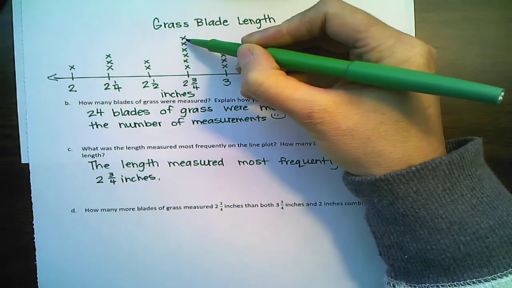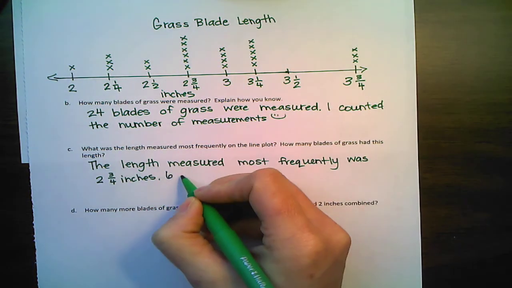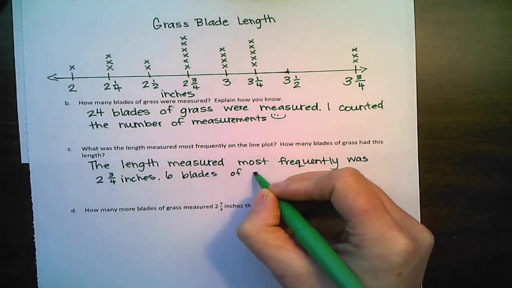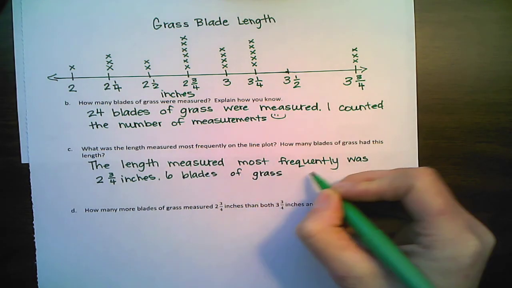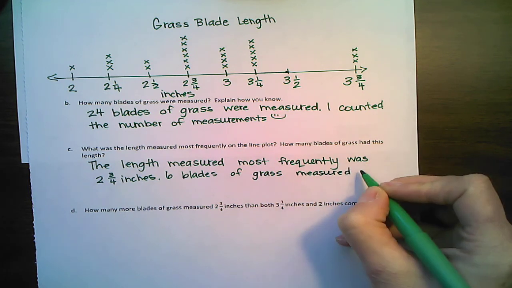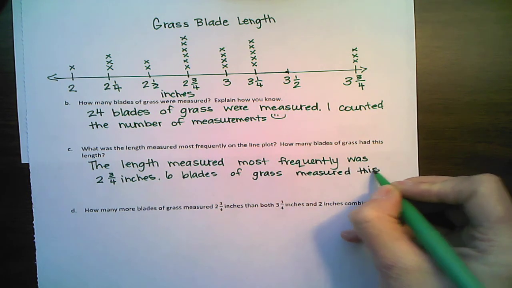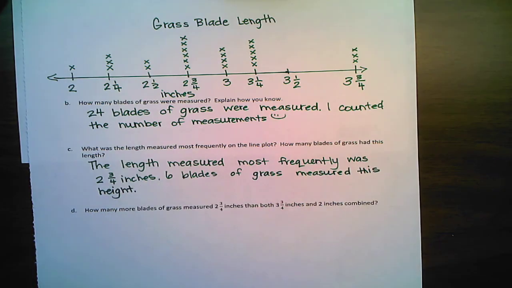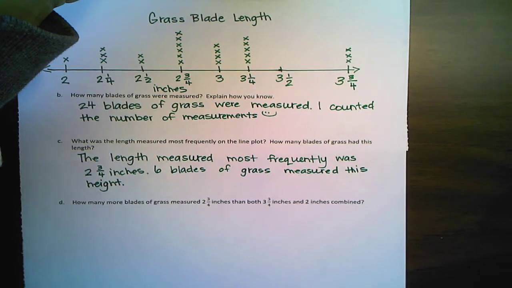There's 6. 1, 2, 3, yes. 6 blades of grass measured this height. Okay, ready to move on? Great. If you're not, you know what to do.